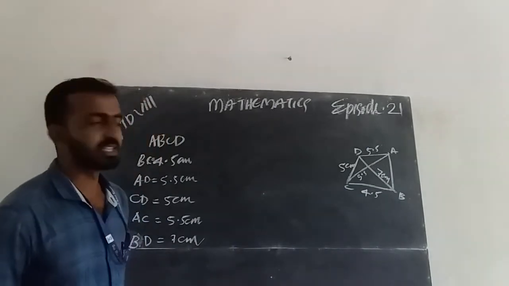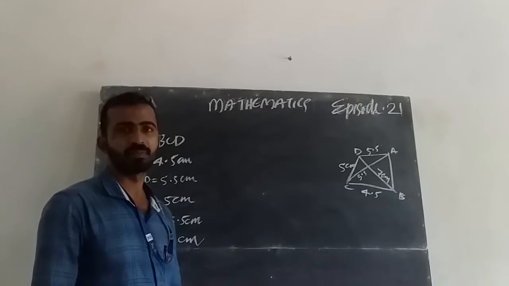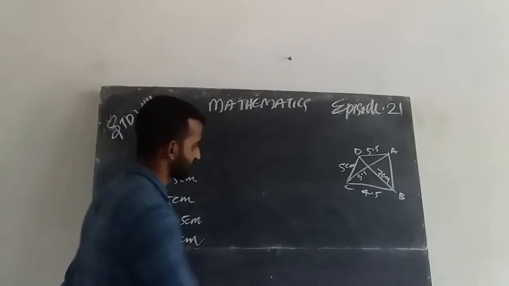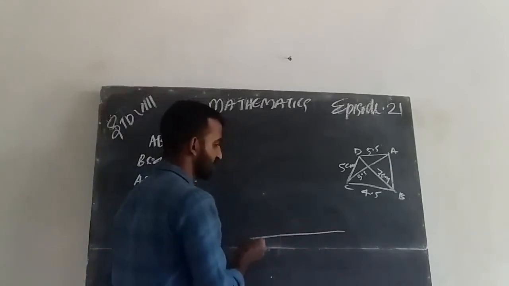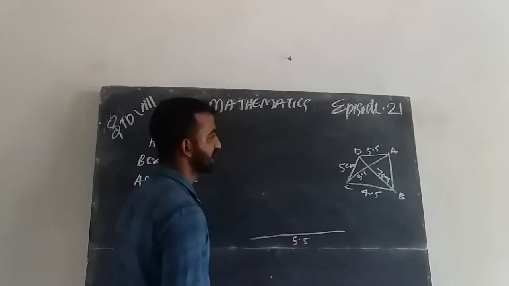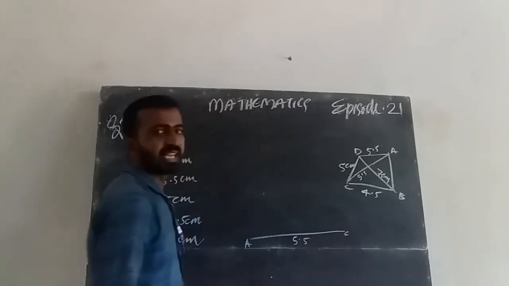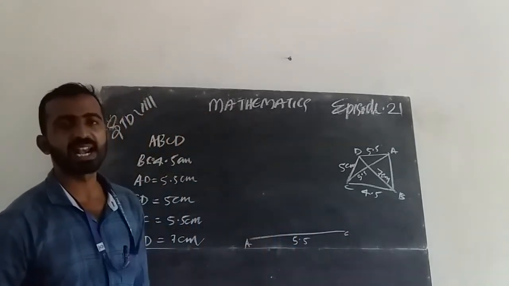Which way do we draw this quadrilateral? That is, first we draw a diagonal. First draw a line with 5.5 centimeter. I draw the diagonal AC.